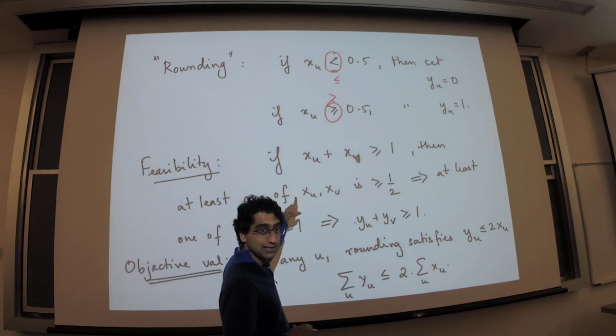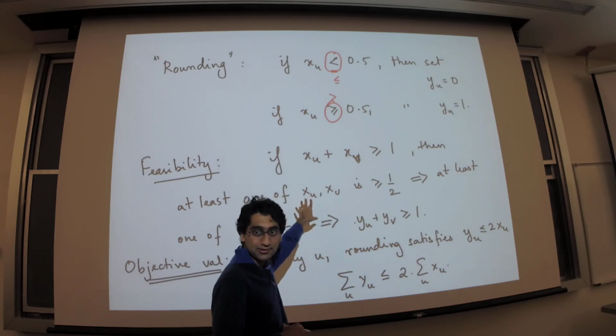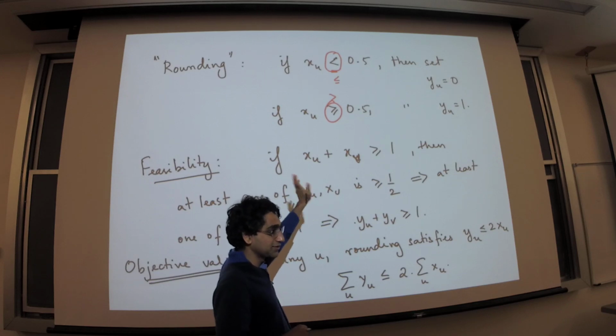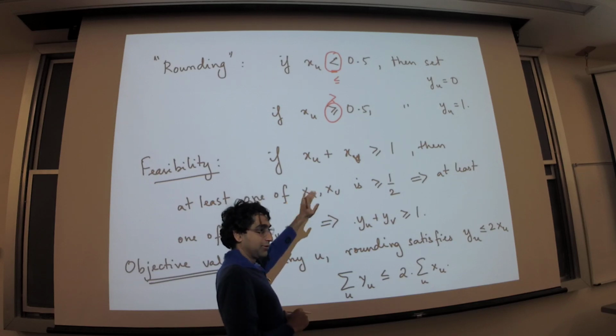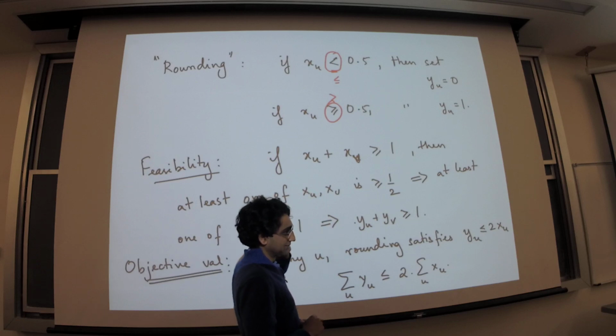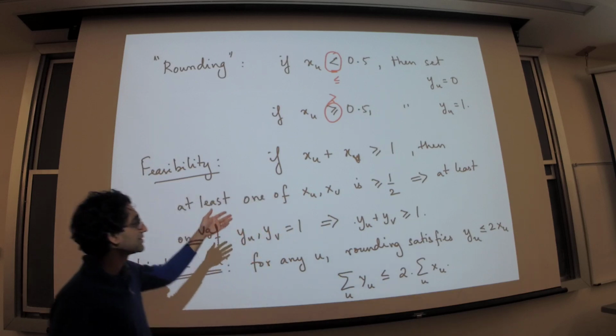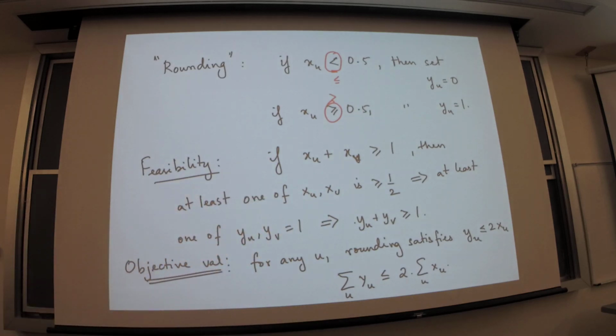The first one fails, right? So now you no longer have a feasible solution. The all halves solution was feasible for the fractional program, but you are rounding all halves to all zeros. So feasibility fails in this case. So we cannot have a limited gap, right? In this case though, the gap cannot be more than 2, right? That's what we showed.